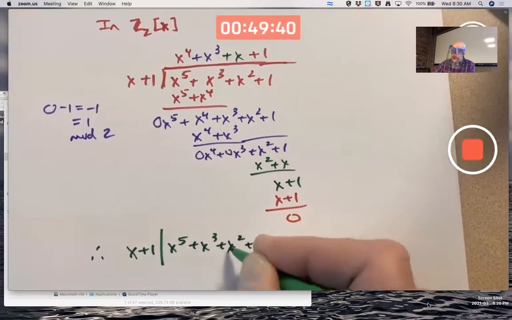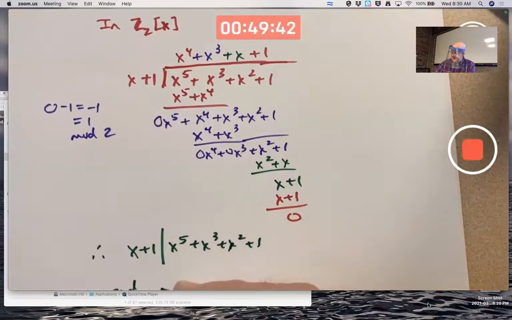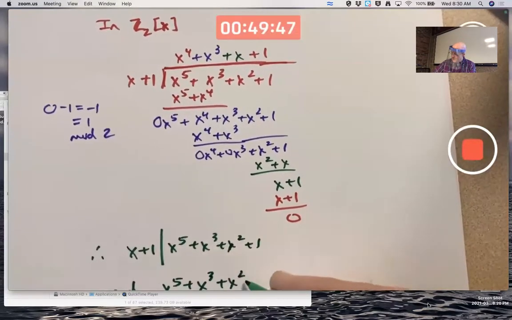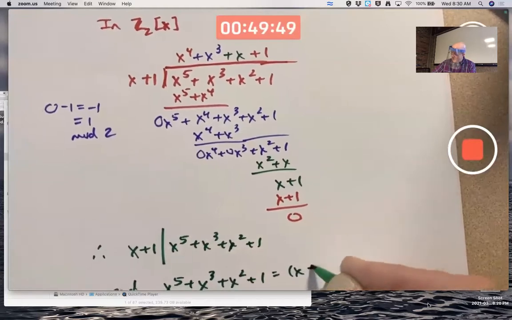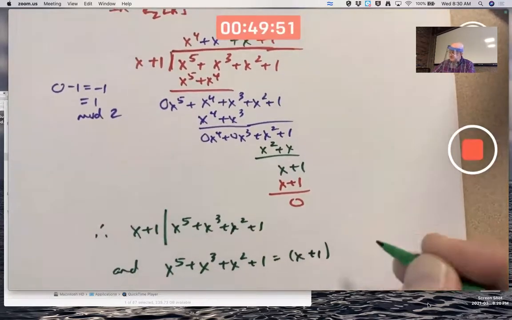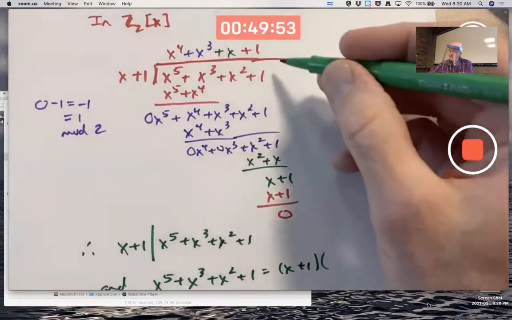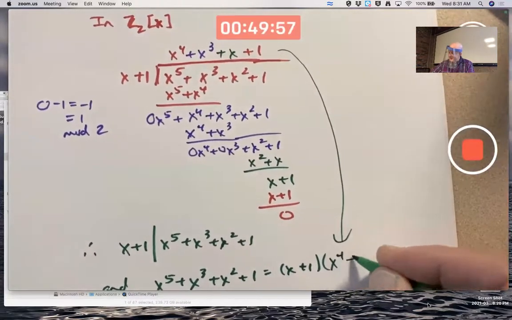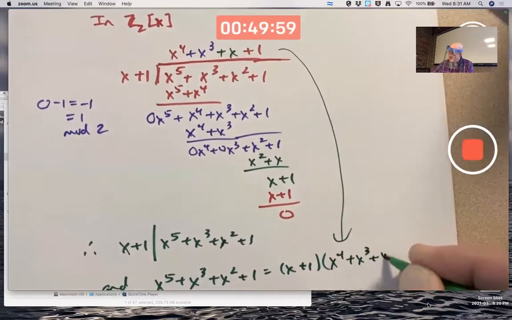And I could even write the factorization, x to the 5th plus x cubed plus x squared plus 1 equals x plus 1 times the quotient that I got up here, x to the fourth plus x cubed plus x plus 1.